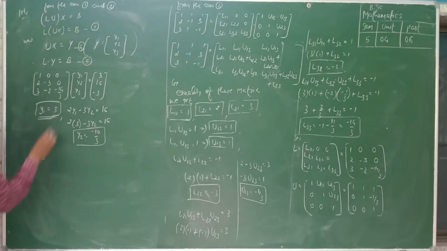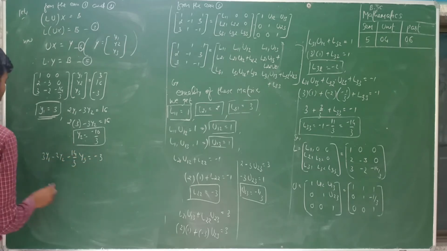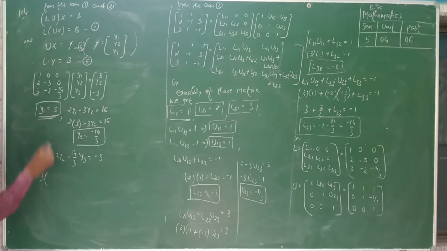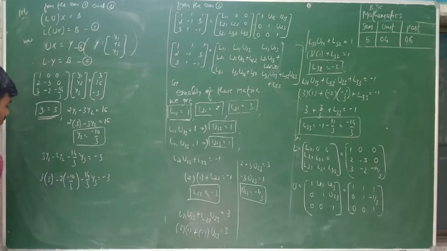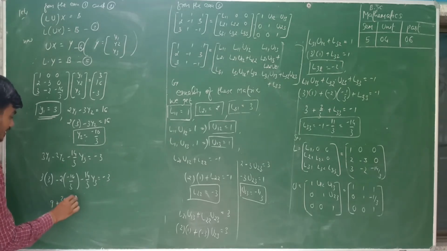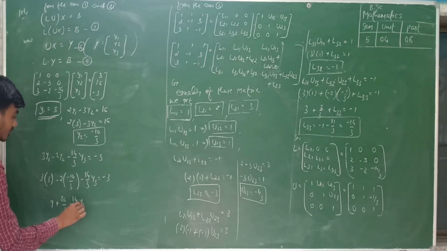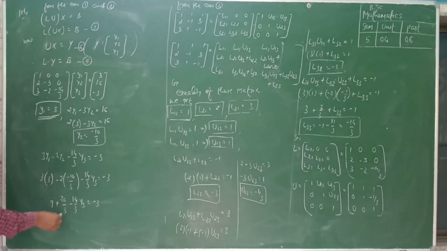Third one: 3 into y1 minus 2y2 minus 14 by 3 y3 is equal to minus 3. 3 into y1, 3, minus 2 into minus 10 by 3, minus 14 upon 3 y3 is equal to minus 3. 9 plus 20 upon 3 minus 14 by 3 y3 is equal to minus 3.